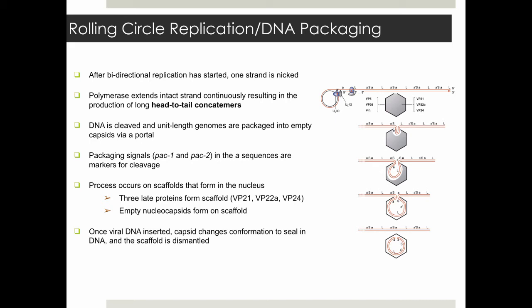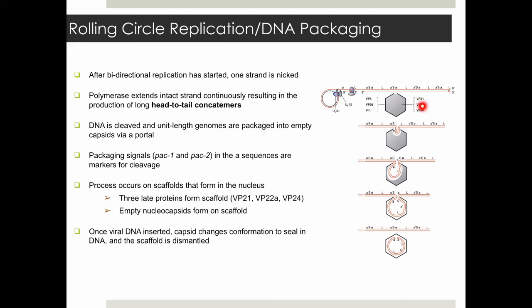Rolling circle replication, where one strand serves as a template, the other strand is being made continuously, and because there's a viral helicase that pulls these two strands apart, you end up with many copies of the genome all attached to one another. These are head-to-tail concatemers, just because the genome is being replicated around and around and around.